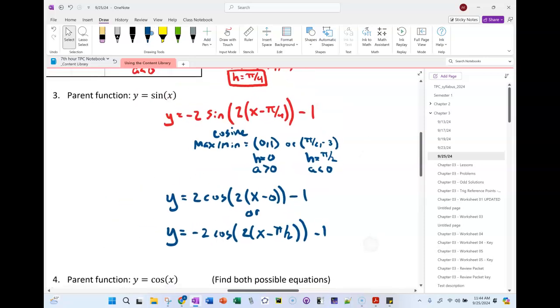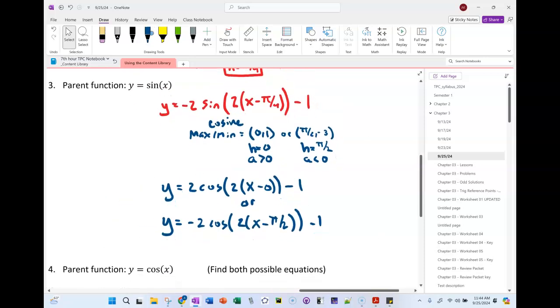Any one of those three would have been an acceptable correct answer, unless I ask specifically for give me this as a cosine or give me this as a sine, unless the directions tell you I need it in this way. But if the directions just say write the sinusoid for this, any one of those three would have been acceptable. They all are correct. They all give you the exact same picture if we graphed them.